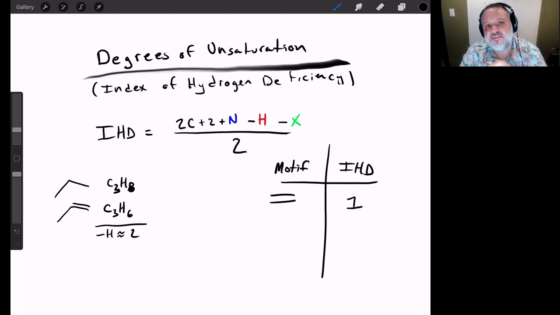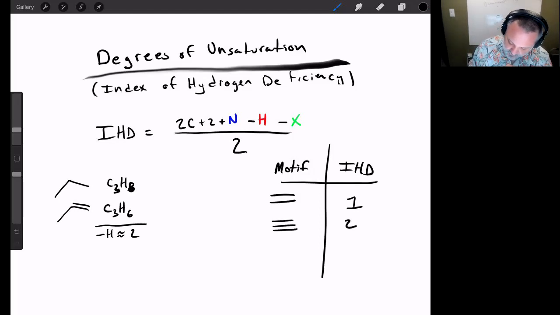We will call this one hydrogen deficiency, one index, one IHD. So if I want a triple bond, then I would need to have 2 of those. If I want a ring, then I need to have 1.